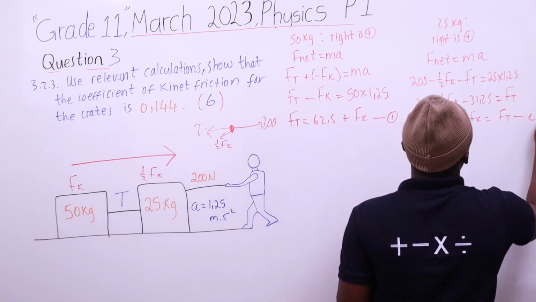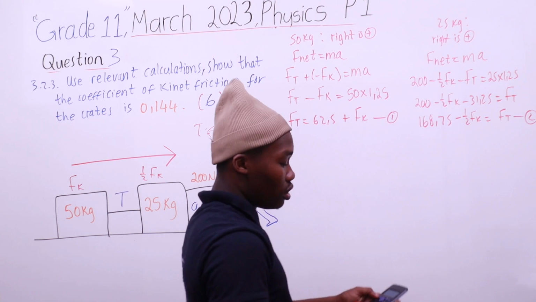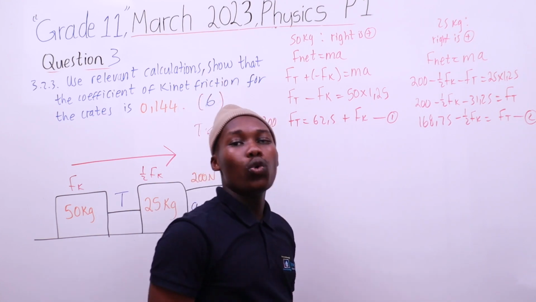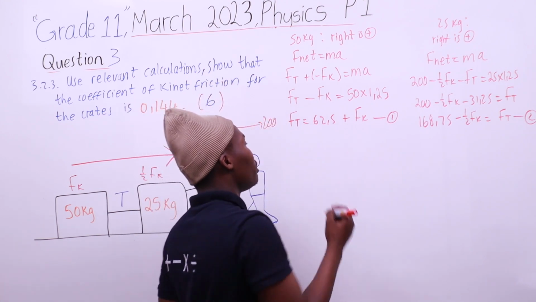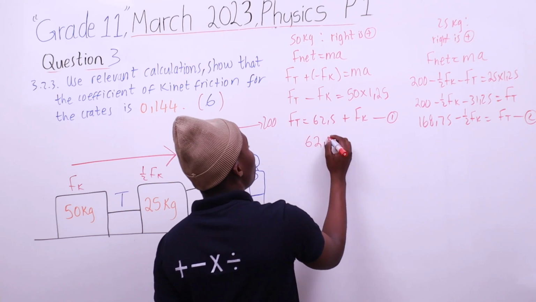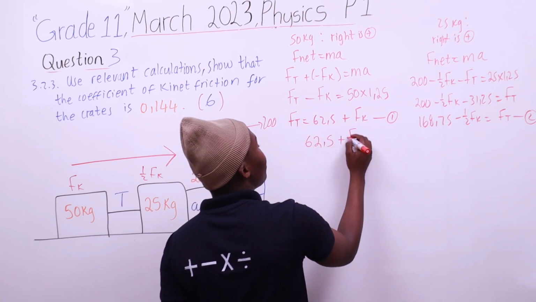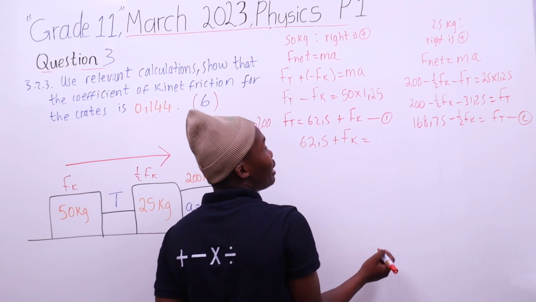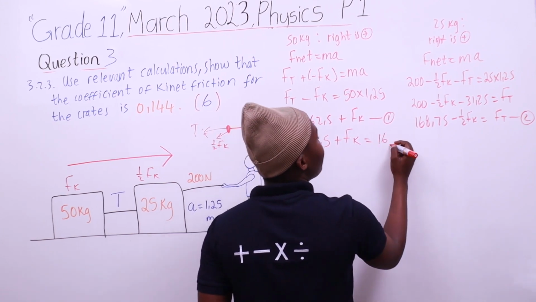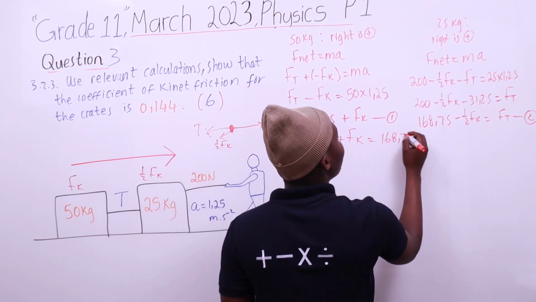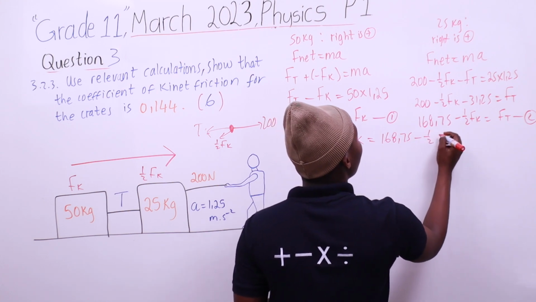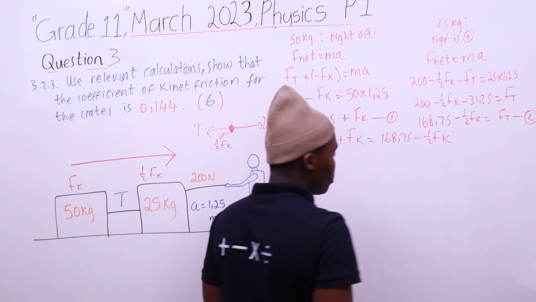So le is our equation 2. So we have to equate our equations. So this is 62,5 plus fk uzosinikeza 168,75 minus 1 over 2 fk.